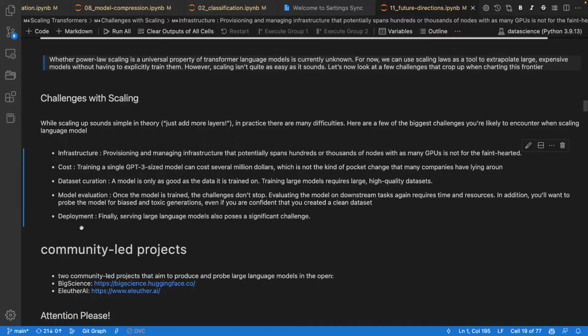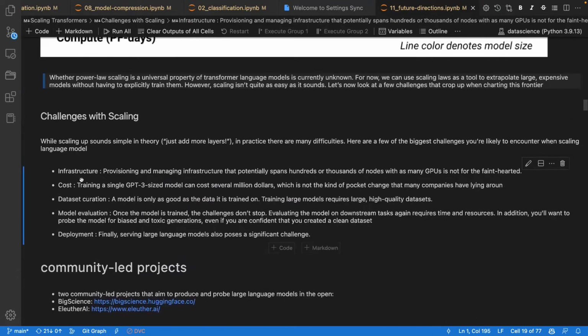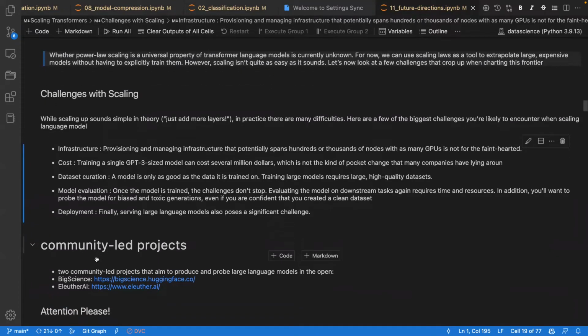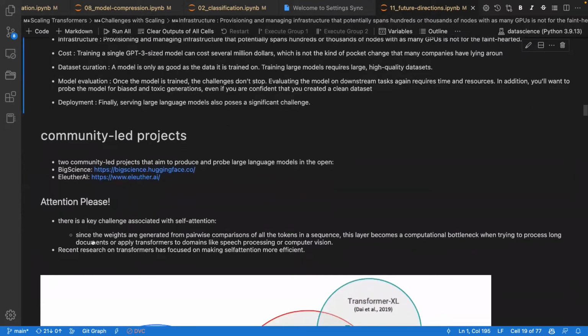They also discuss that creating language models involves cost, and they are closed source like GPT-3, but this community-led project is creating language models which are open, just like EleutherAI and Big Science.